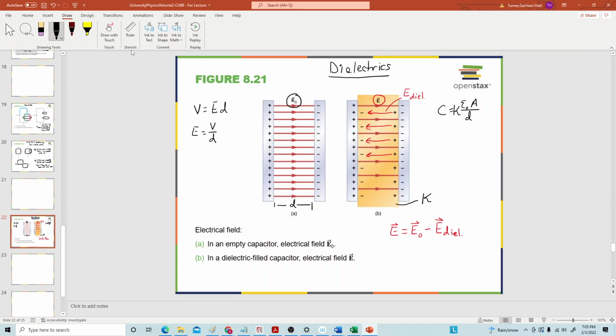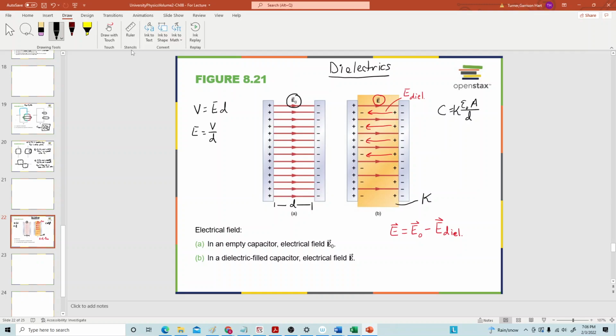The capacitor may blow, it can fail, and you've exceeded the safety protocols for the capacitor if you put too much charge on it, if you let the electric field grow without bound.